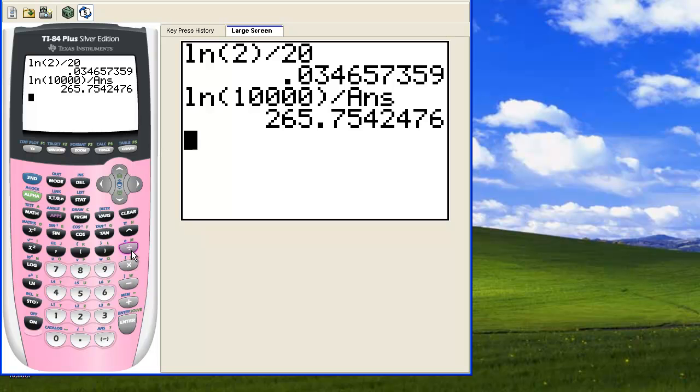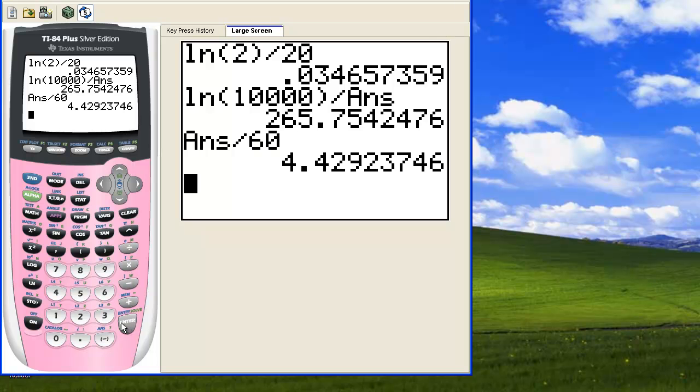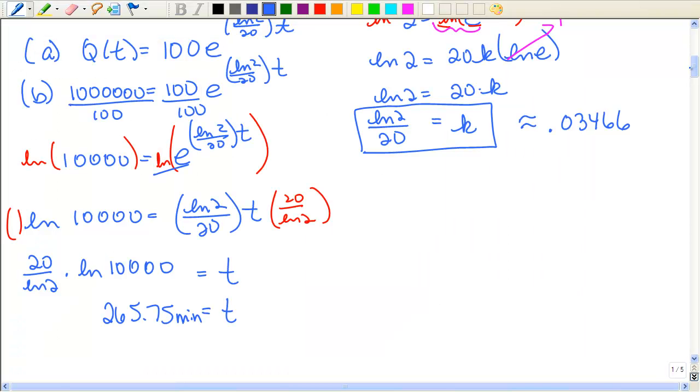This is in minutes because the initial said it doubled, I believe, in 20 minutes. But if I wanted hours, I would then divide this by 60, and I would get t to be 4.43 hours. So make sure you know what they're asking for in terms of minutes or hours.